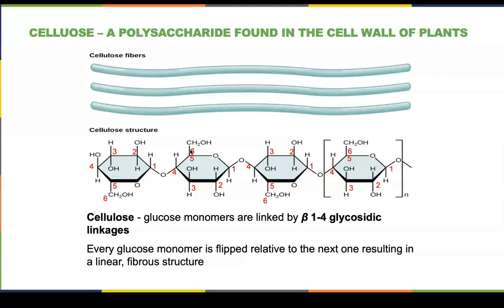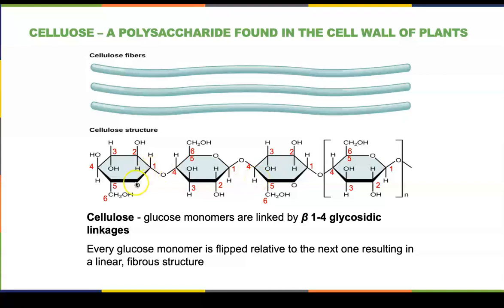However, the new twist here is that every other glucose monomer is flipped in orientation. So the second and fourth have this number 6 carbon pointing upward above the ring, while the number 1 and 3 have the number 6 carbon pointing downward below the ring. The structure of the monomer is the same, it's just that the orientation has been flipped 180 degrees.